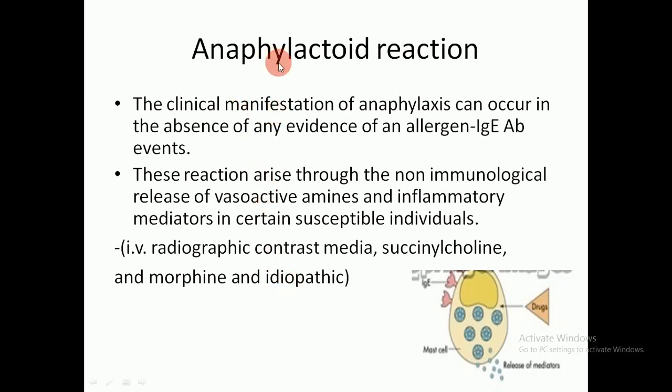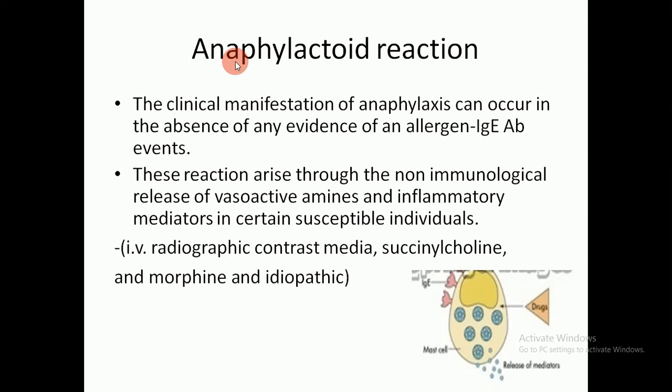Another term is the anaphylactoid reaction. Here we have spoken about anaphylaxis, which is the end result of the type 1 hypersensitivity reaction. Now we have another term, the anaphylactoid reaction.